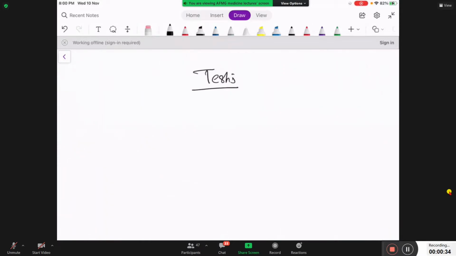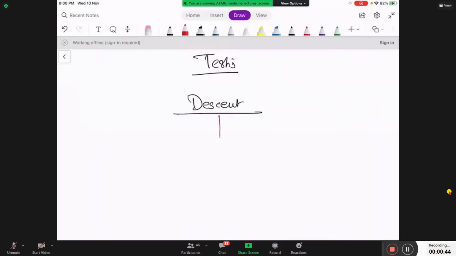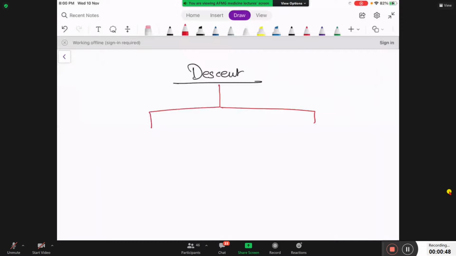First of all, let us talk about the descent of testes. In descent of testes, there are two important factors. One is the mechanical factor.